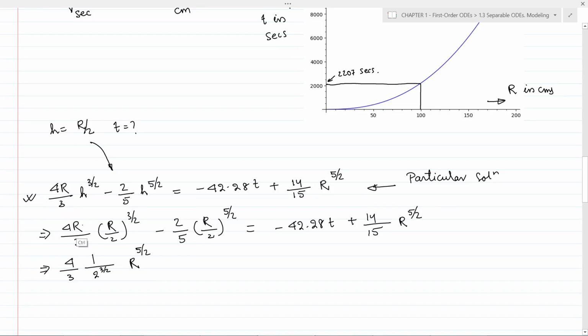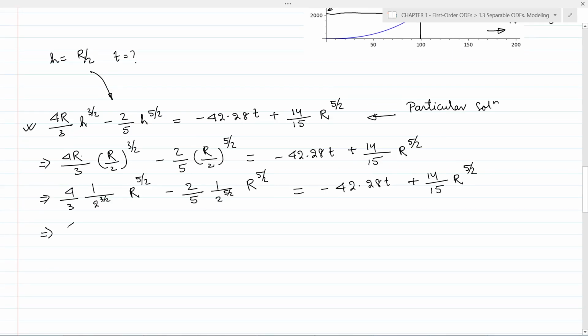We have multiplied this r with this r to the power 3 by 2 to get r to the power 5 by 2, minus 2 by 5 into 1 by 2 to the power 5 by 2 multiplied by r to the power 5 by 2 equal to minus 42.28 t plus 14 by 15 r to the power 5 by 2.